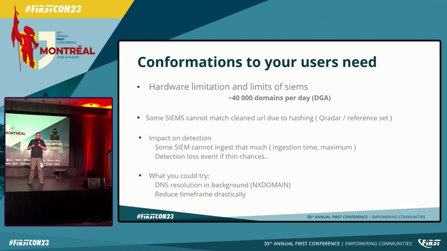If you use the feeds coming from a smart researcher, who is able to predict the domains for today, you come to tons of domains daily. Most of them don't even exist, but some of them exist and are used by malware. So in this case, you have a problem. That's too much for some SIEMs.